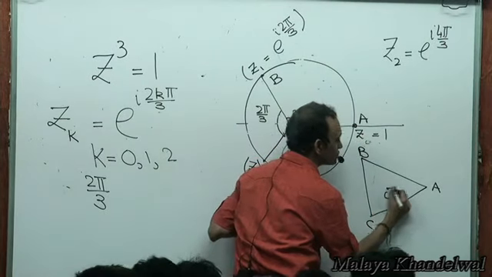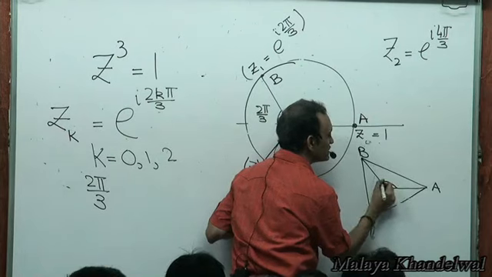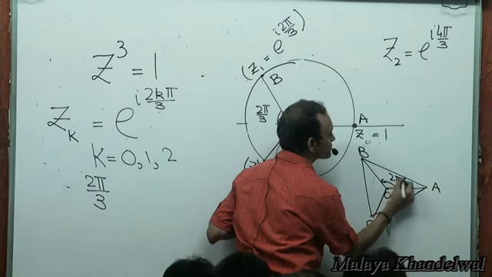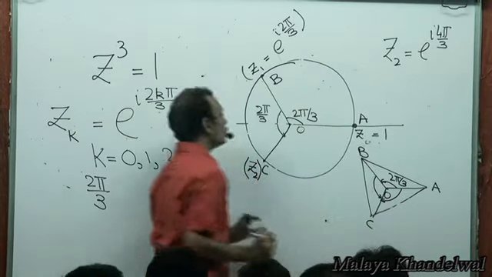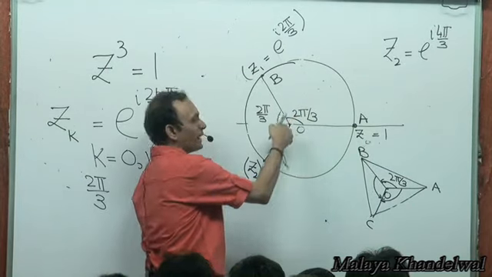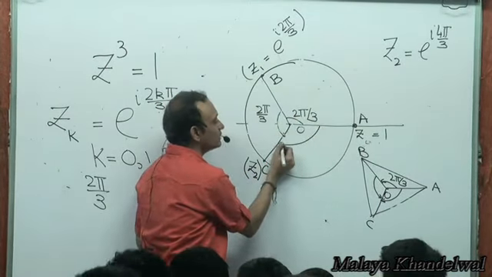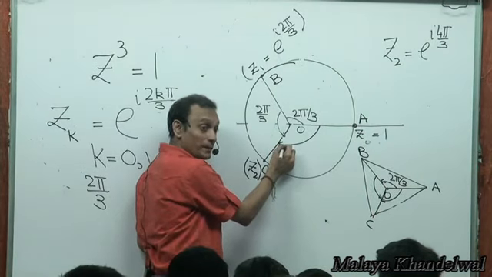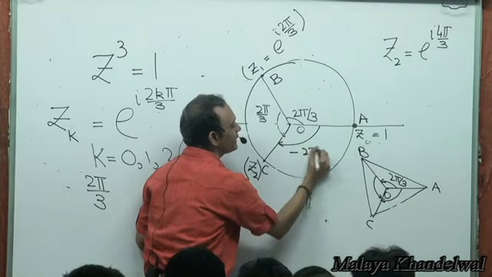If A is the origin, then these angles are all 120 degrees. Now, notice that as far as z2 is concerned, this is 4 pi by 3, 2 pi by 3 plus 2 pi by 3. So this angle is also 2 pi by 3, but in a clockwise sense. So this is like minus 2 pi by 3.